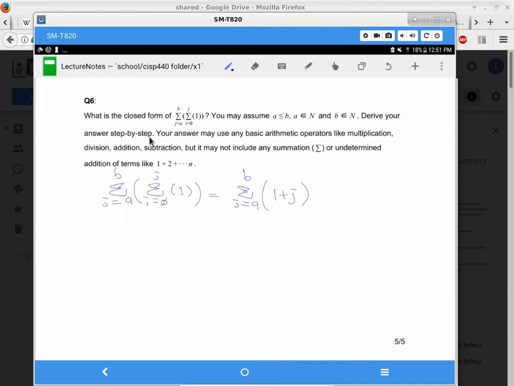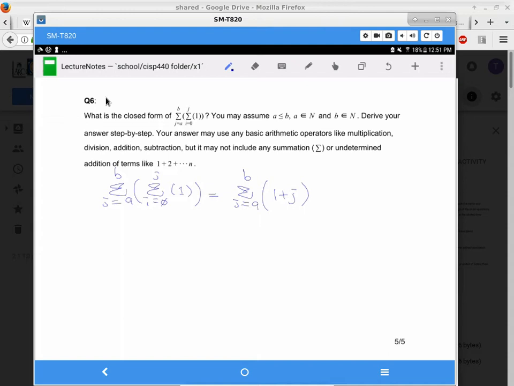Do you want me to copy from here, or are you getting the idea? The rest is really the same as the practice exam. So would it be b minus a plus 1 times 1 plus j? Or a times a plus 1? Whatever the answer is for the practice exam. I don't remember, which you can print and bring with you to the actual exam.